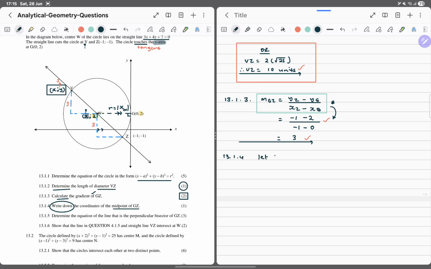What I would say, let the midpoint of GZ be H. Okay, such that H is going to be, we will see that we just add, because remember it's quite a very steep line connecting those two. Just show it nicely.